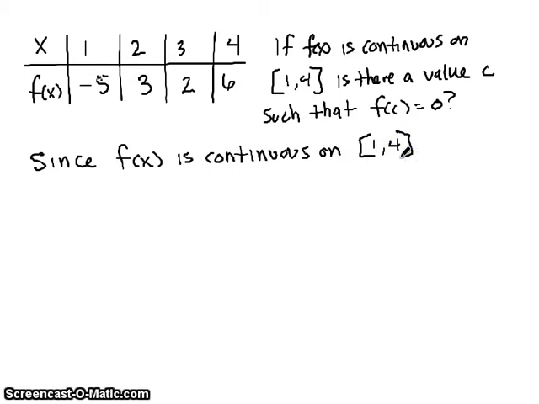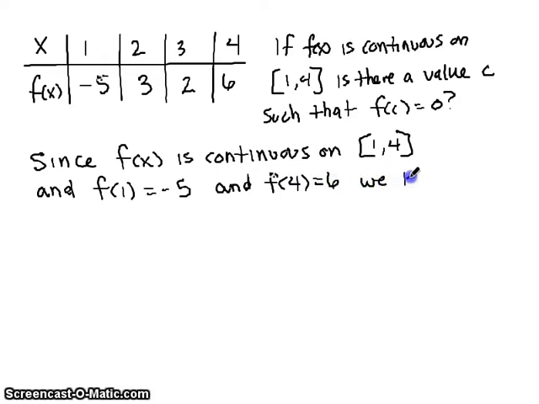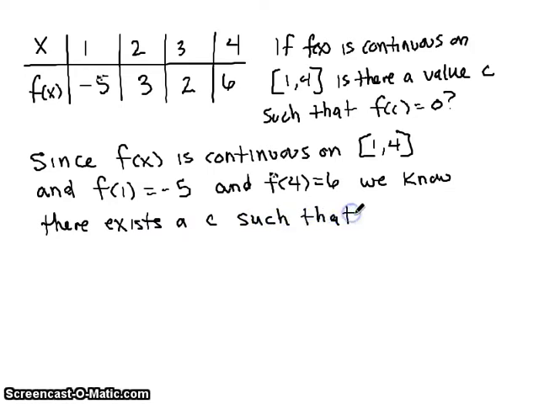So since f of x is continuous on that interval 1 to 4, and our first endpoint, f of 1, equals -5, and our second endpoint, f of 4, is equal to 6, we know that there exists a c such that f of c equals 0. That's how we're going to want to answer this on a free response question.